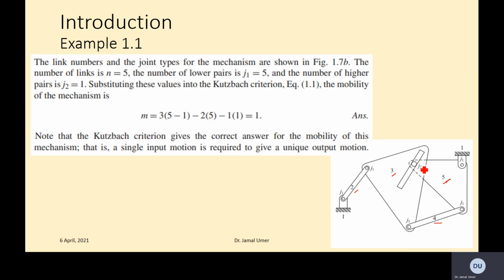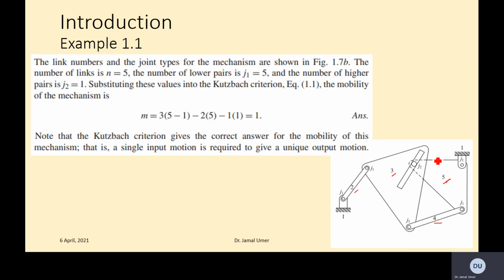The only thing which might be a little confusing for you, but because this is an example, you can try to build your concept from here, is that this one requires 2 degrees of freedom to define.